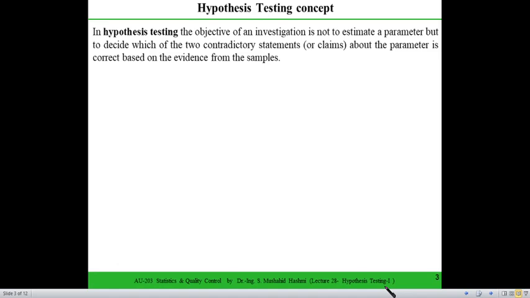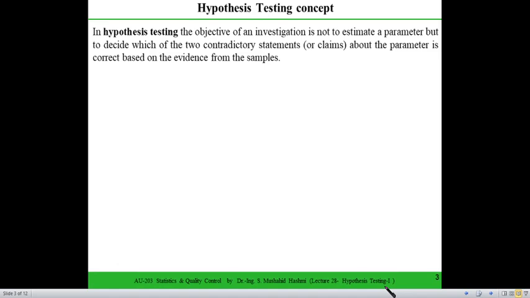So we are not interested in the value of the parameter, but we have two statements available for a parameter, and we are going to test which of the statements is correct.